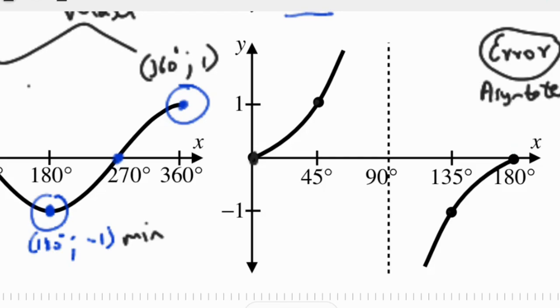Okay, then we get that. So that means because we never reach 90, the y will forever be approaching that, or the tangent. And then again from 90, then we stop at 180.